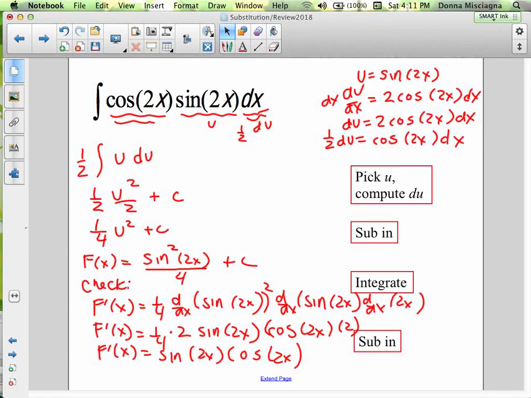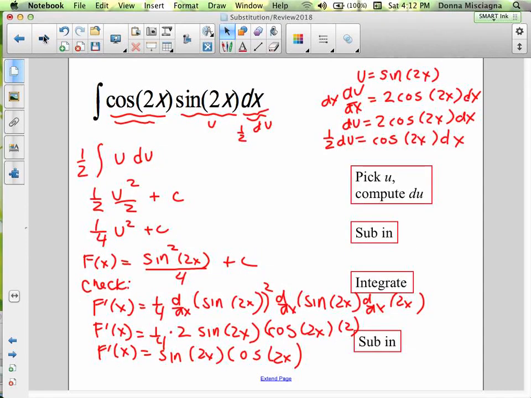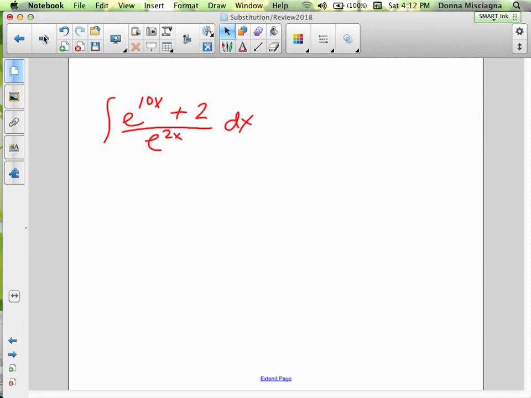So both of these equations, sine squared 2x divided by 4 plus c, and negative cosine squared 2x divided by 4 plus c, have the exact same derivative, cosine 2x sine 2x. Right? So it doesn't happen very often. Only sine and cosine can make it happen because they're essentially the exact same equation, just shifted. So which one's right? You pick it. They're both right. All right, let's try this one.